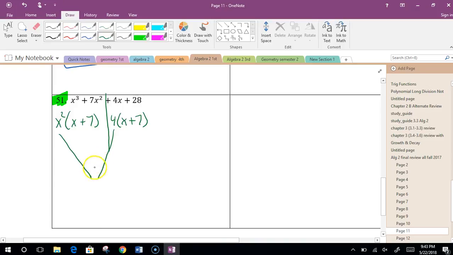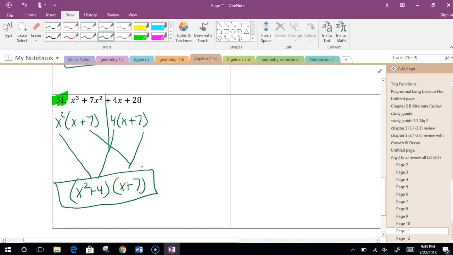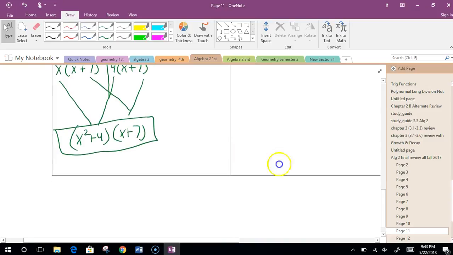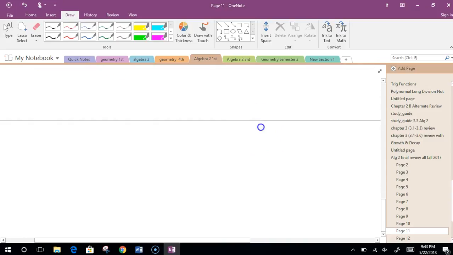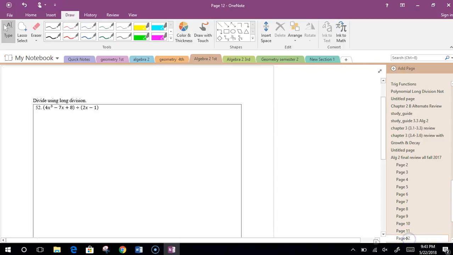Group together your leading numbers, which is x squared plus 4. And group together your common factor, which would be x plus 7, and you would have a final answer. Definitely both the grouping questions, I think, are worth your time to review and look back over.